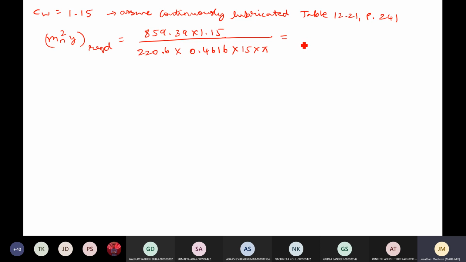So this should be around 0.206 required.